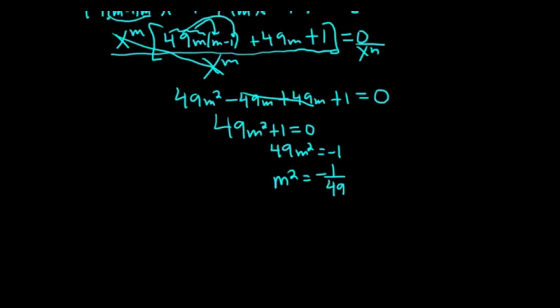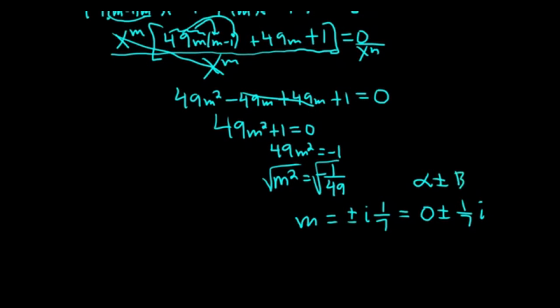Now we would just take the square root. And when you do that, you do get a plus or minus. And we also get an i because of the negative inside the square root. So plus or minus i. And then the square root of 1 is 1. The square root of 49 is 7. So we have something like 0 plus or minus 1 over 7 i. That fits the form alpha plus or minus beta i.